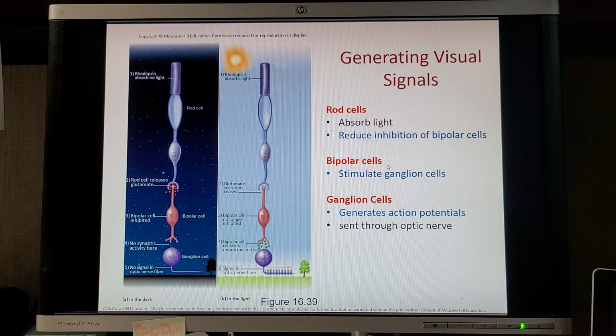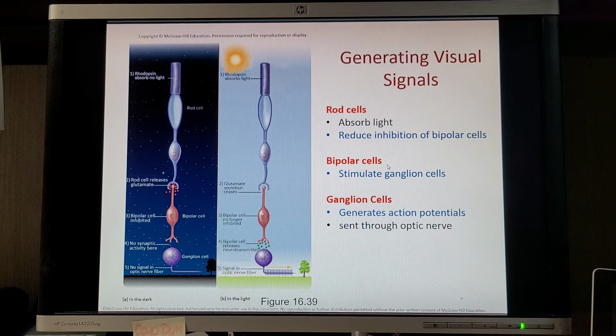Okay, so let's look at generating a visual signal. Again, we have to have light to activate our photoreceptors, the ones up top. For this one, we're looking at our rod cells. Inside our photoreceptors, there's a photochemical reaction.